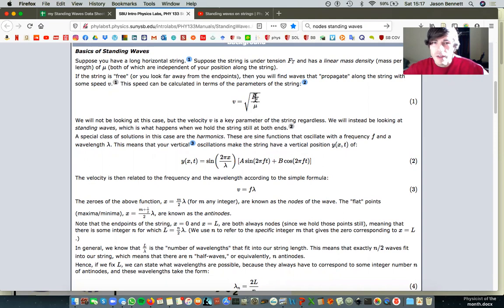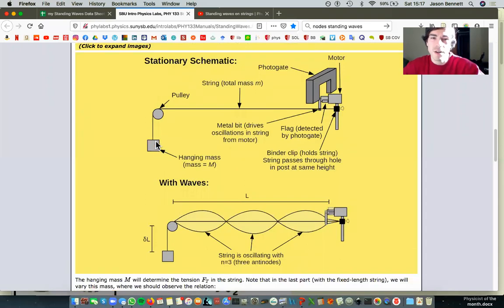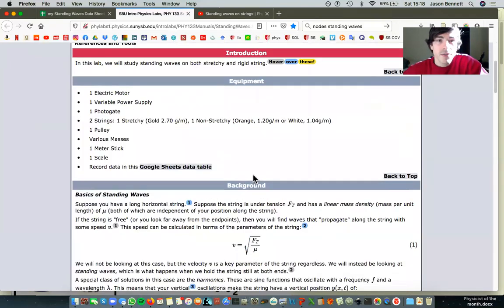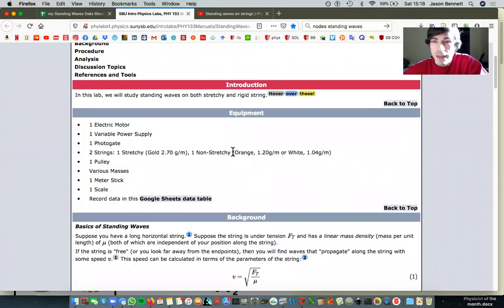We're going to say what's the tension in the string, which is supplied by this hanging mass over here, and we're going to divide by the mass density, which would be the mass of the string, which in previous years we actually weighed, divided by the length of the string. And so in this year, we're not going to do that. If you notice up here, it's already given to you.